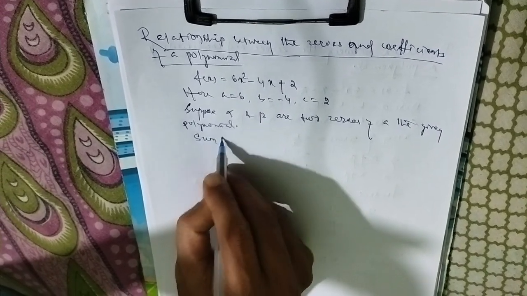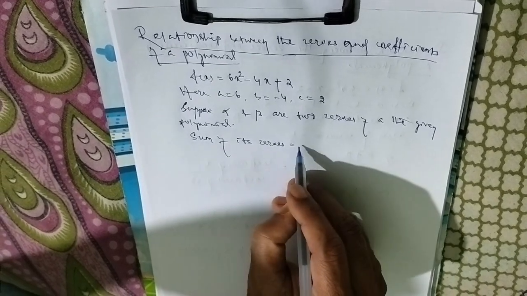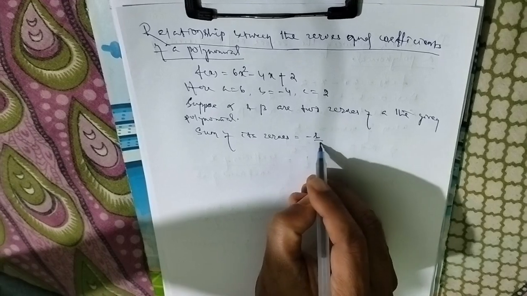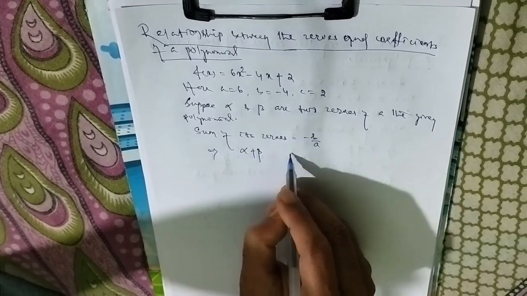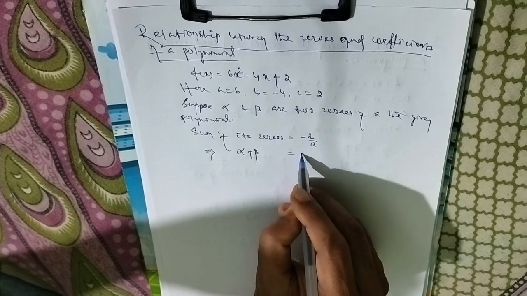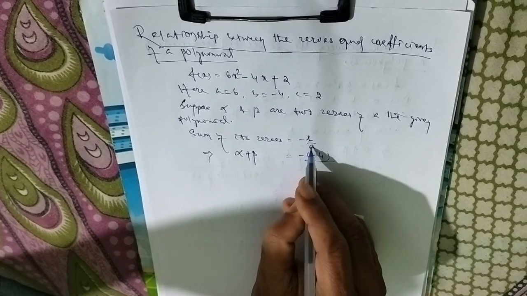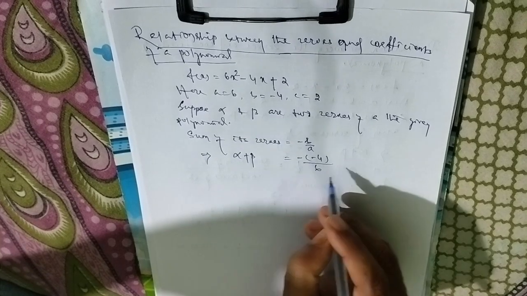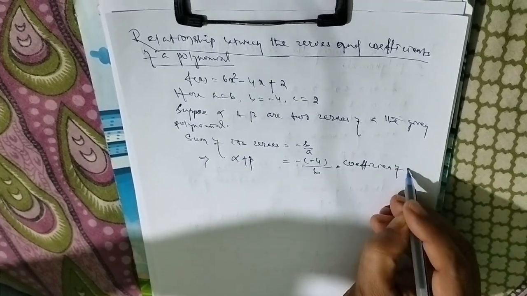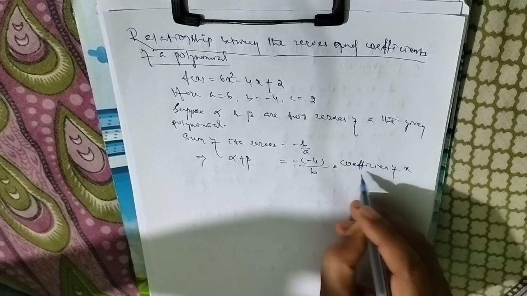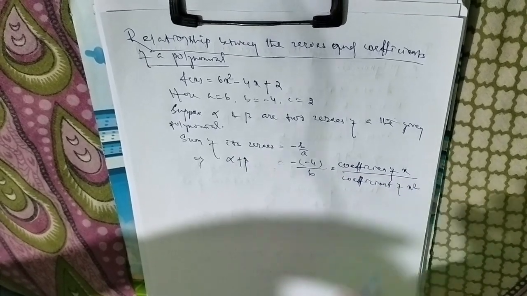Sum of its zeros is equal to minus b by a, which implies alpha plus beta is equal to minus, put the value of b, minus 4, put the value of a is equal to 6, which is the coefficient of x by the coefficient of x square.